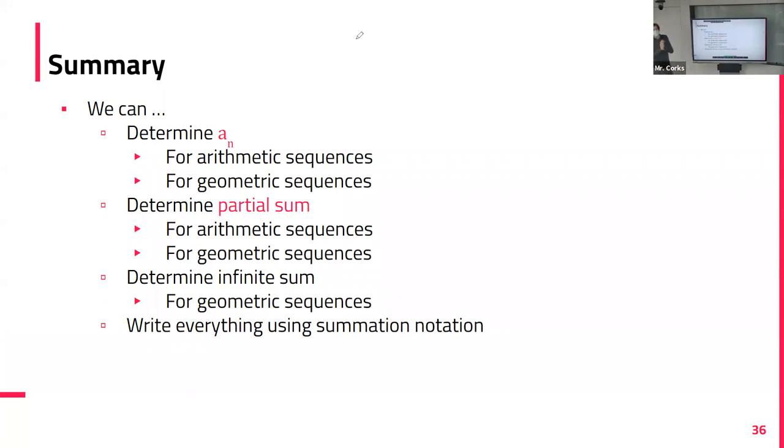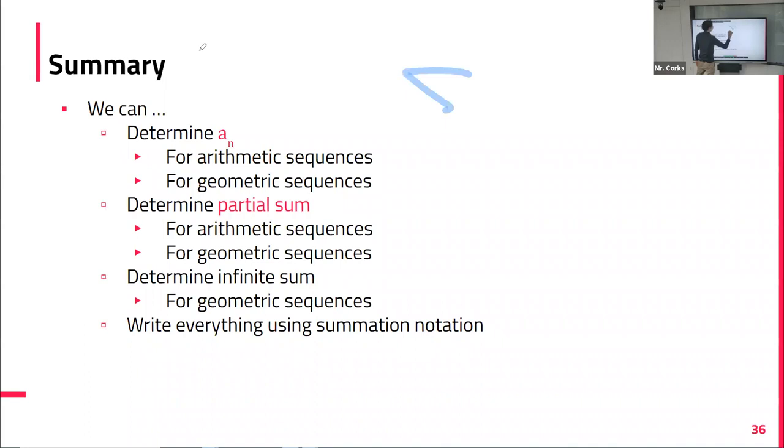All right, so we have a formula for the general term, both for arithmetic and for geometric sequences. Two different formulas, need to remember. We have formulas for partial sum for both of these types. And we also have a formula for infinite sum, specifically for the geometric ones. And we've learned how to write everything in summation notation with this big sigma as well.